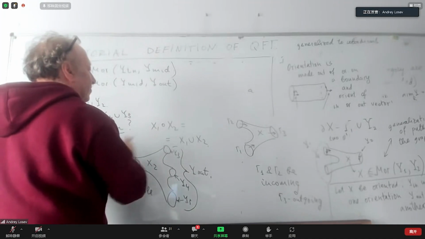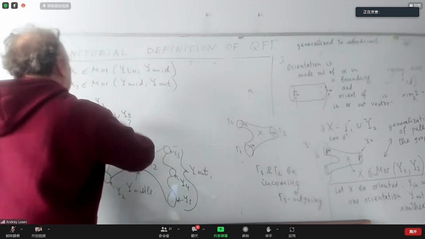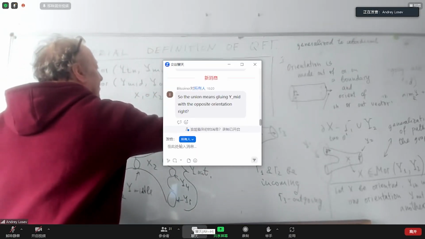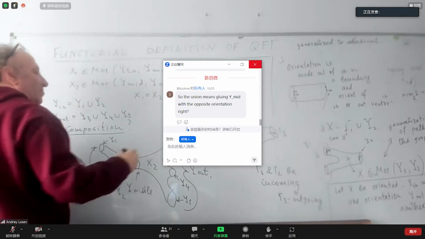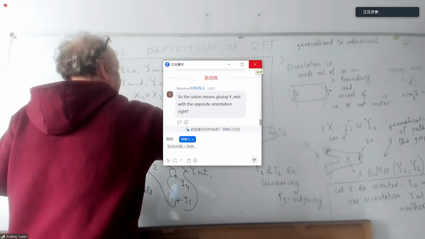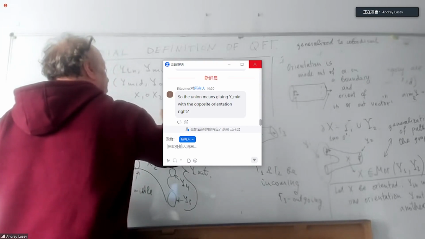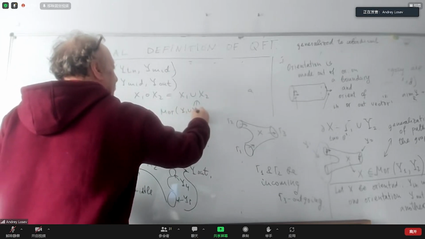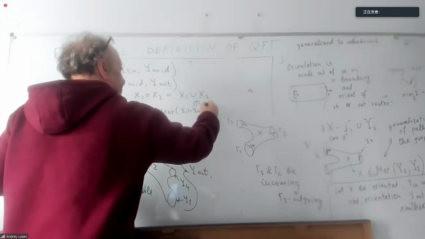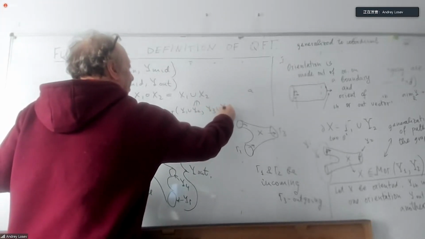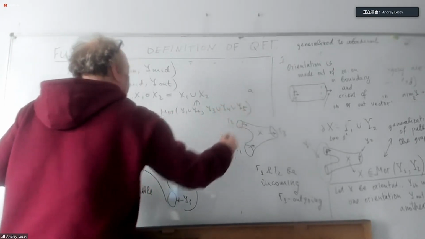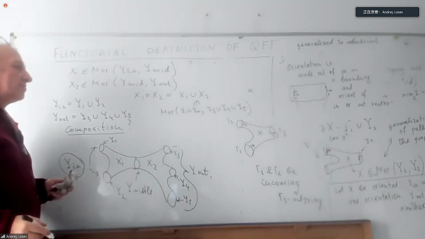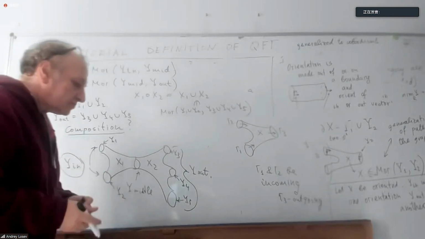And in this example, X1 composition with X2, that is X1 joined X2, belongs to morphisms between Y1, Y2 and Y3, Y4, Y5. Okay?